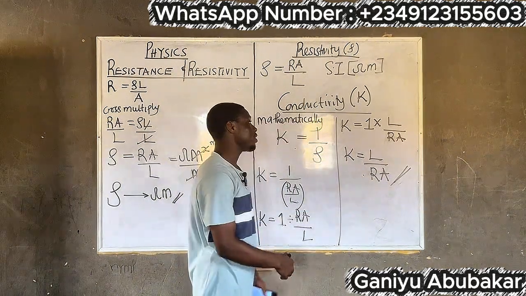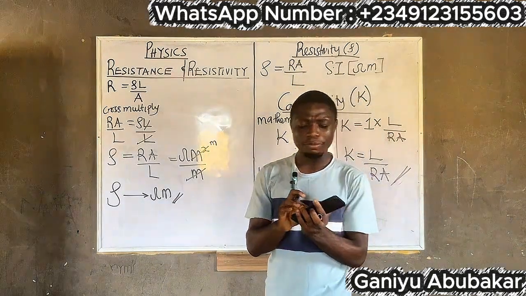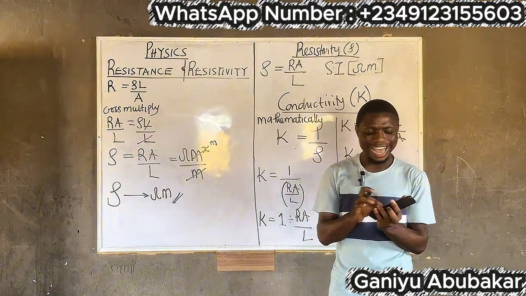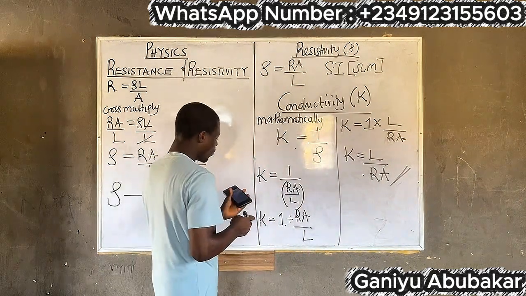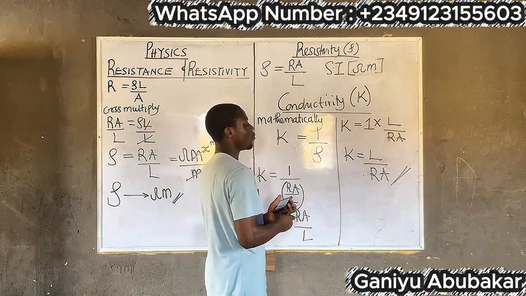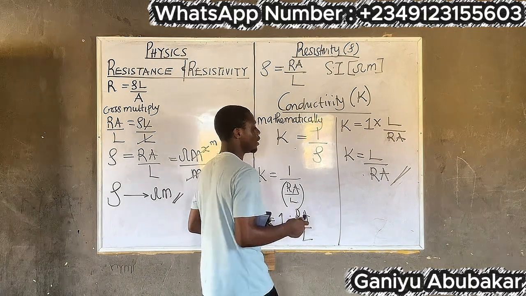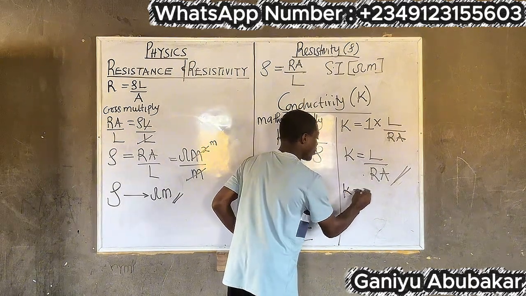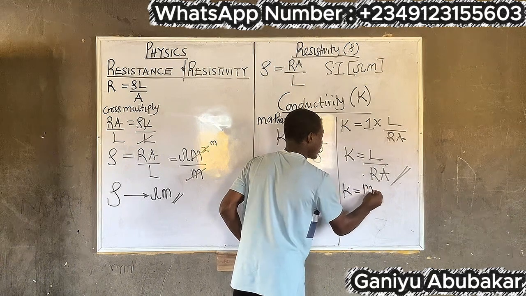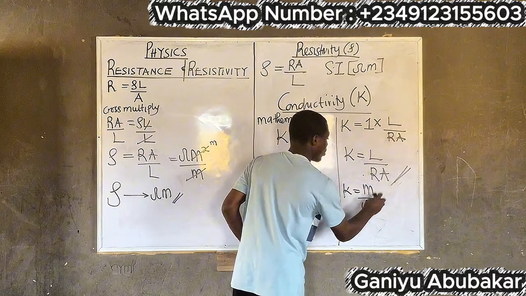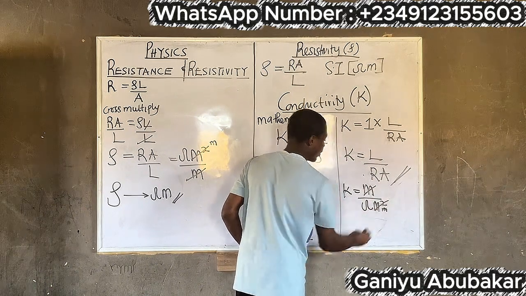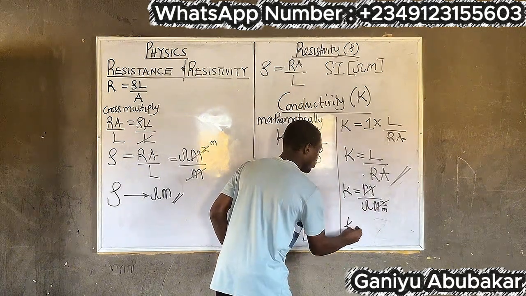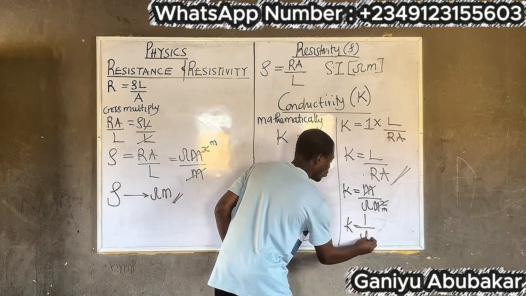This is how the concept of conductivity and resistivity work. And by the way, what is the SI unit for conductivity? K equals length in meters, all over resistance in ohms times area in meter square. Meter cancels meter, leaving 1 over ohm meter.